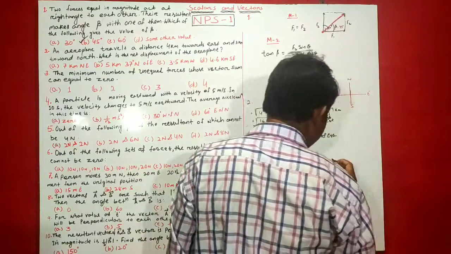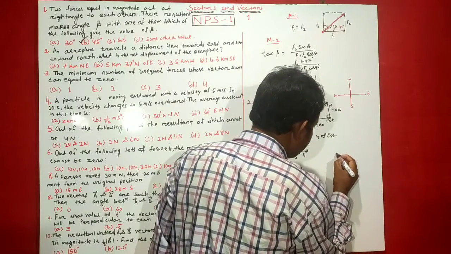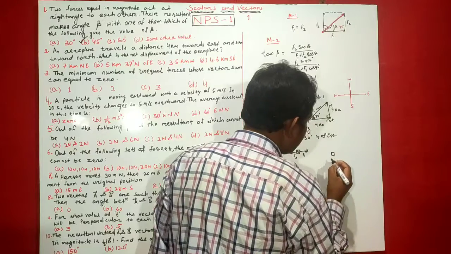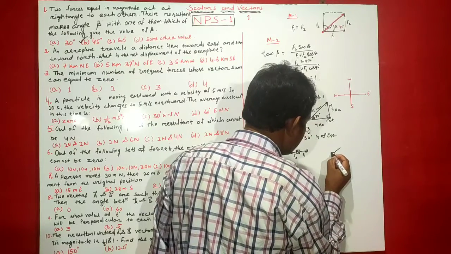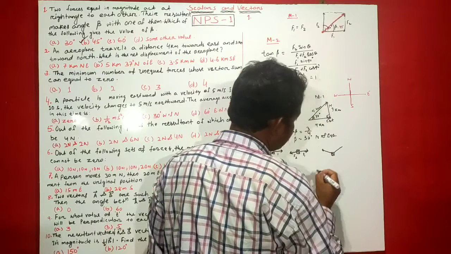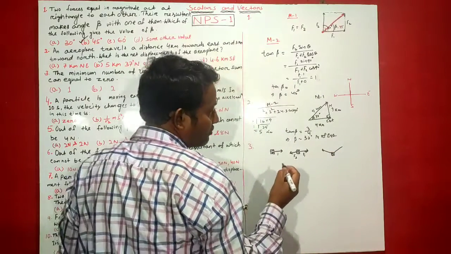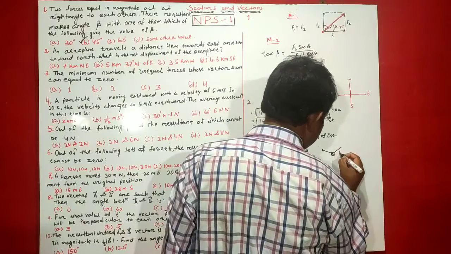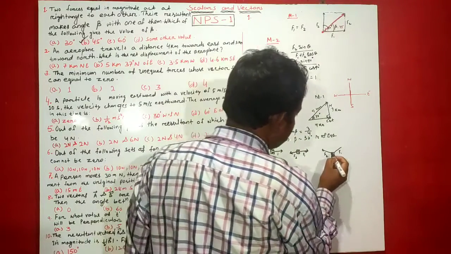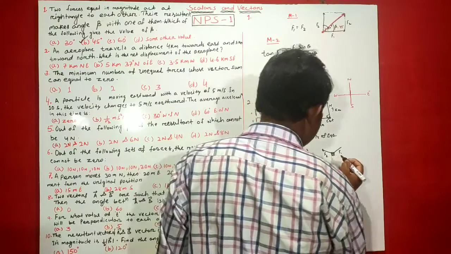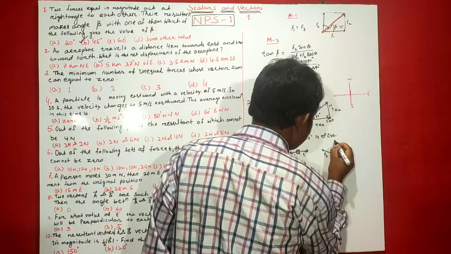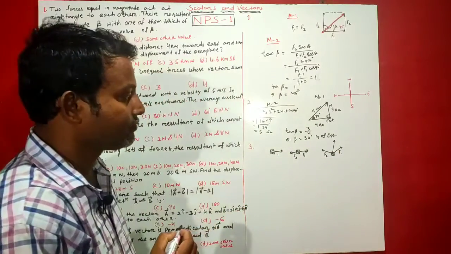But when we put 3 forces, say on another body, when we put F1 and F2, they have some resultant, let's say in this direction.